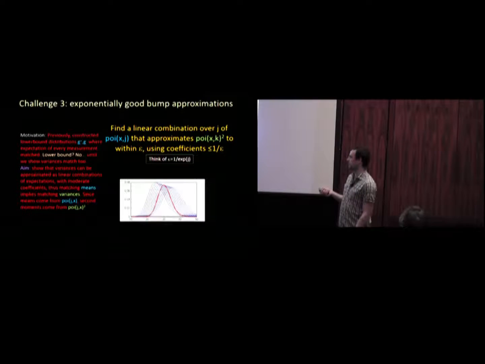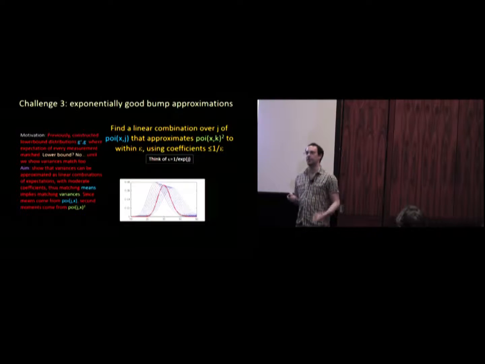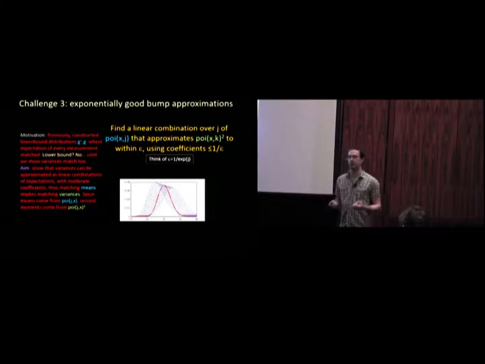The expectations come from something like Poisson, and the variance, the second moments, should come from something like Poisson squared. So the question is, the goal is to show that if all the first moments match, then the second moments are in fact very well approximated by a linear combination of the first moments. The second moments must match too, and therefore we've already done all the work.